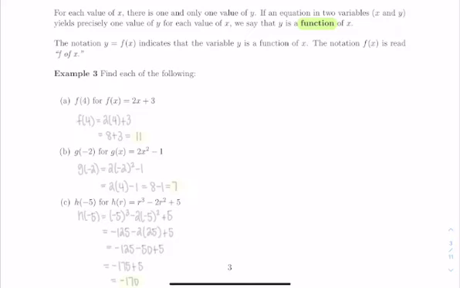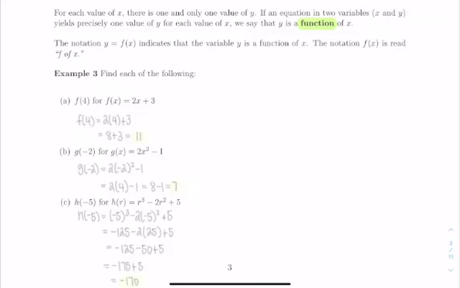This is not f times x, it's read f of x. So it's a function of x. And so what this means is the variable that's inside the parentheses is what we can plug into, just like what we did for example number 2. It's just a little bit different with the notation.